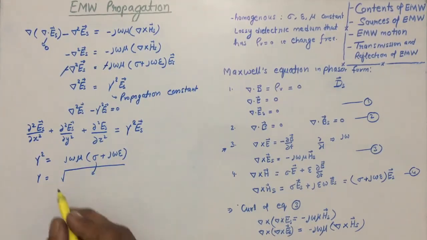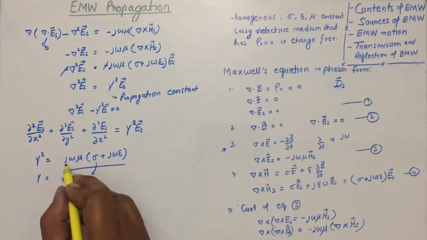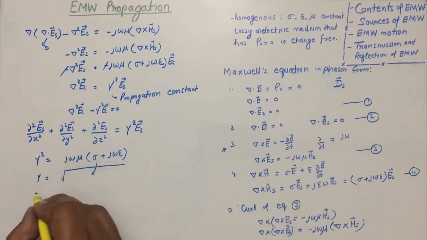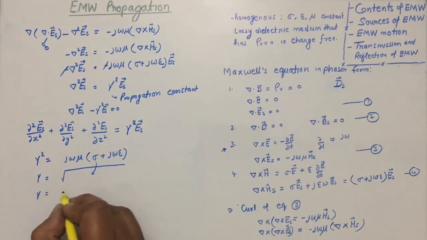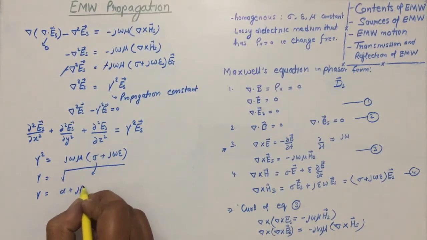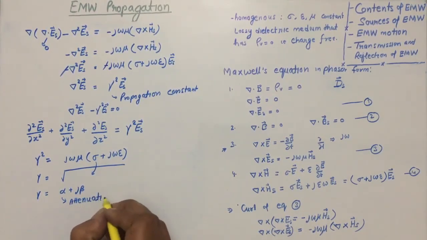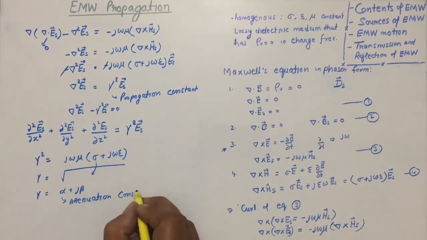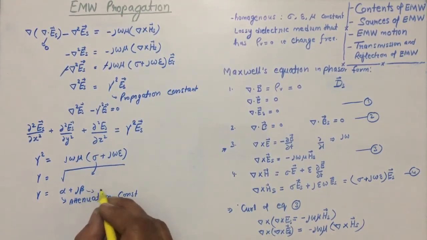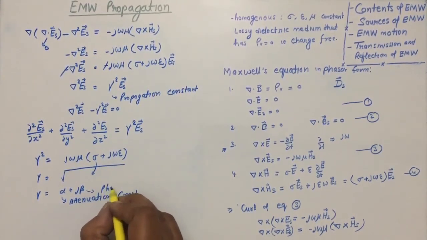And what we find is that it is a complex term. So gamma can be written in terms of alpha plus j beta, where alpha is named the attenuation constant, and beta is named the phase constant.